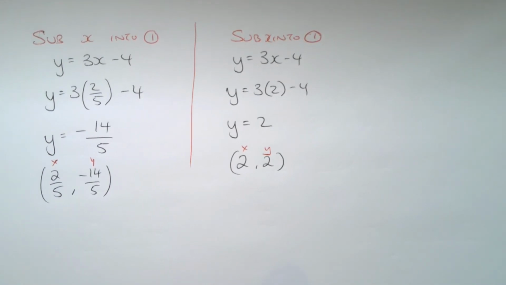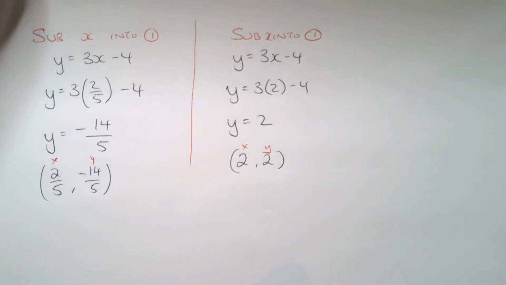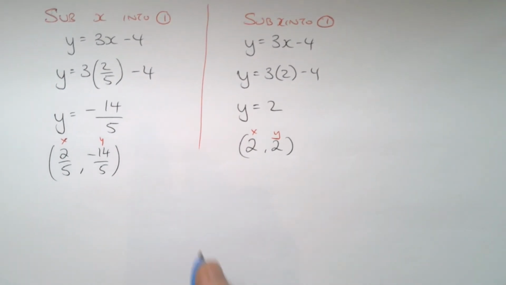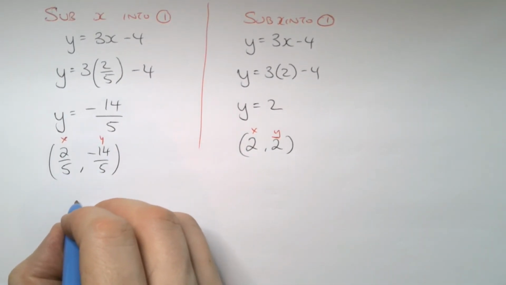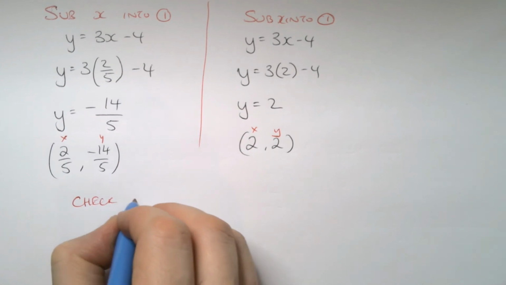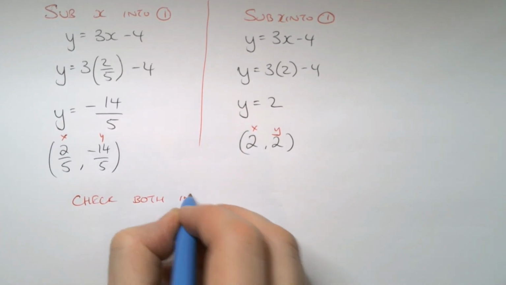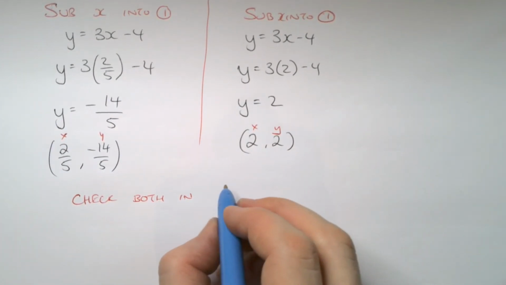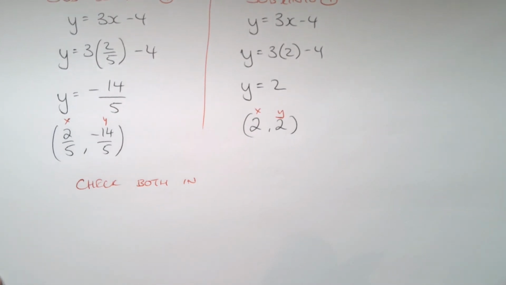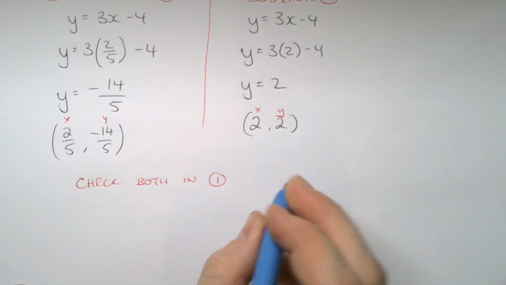But let's say you're feeling a little bit nervous that you didn't get the right answers. You can always check. You can check both in equation 1 or 2. Actually, I checked them in both, but I'll check them both in 1 just to show what I mean.